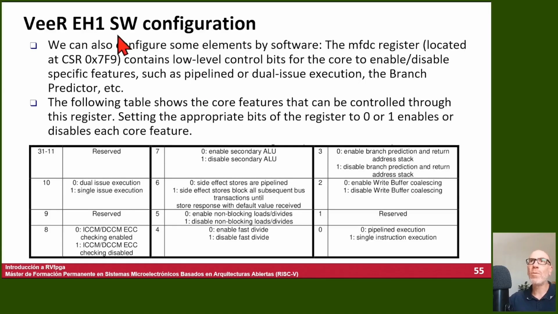However, we can also configure some structures via software. As seen in this table, we can enable or disable the branch predictor. If disabled, the prediction will always be not taken. We can disable pipelined execution, disable secondary ALUs, superscalar execution, and more using these two instructions.